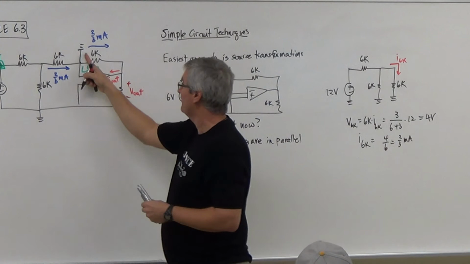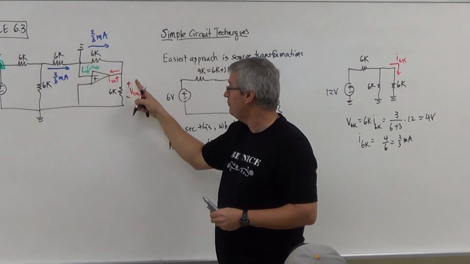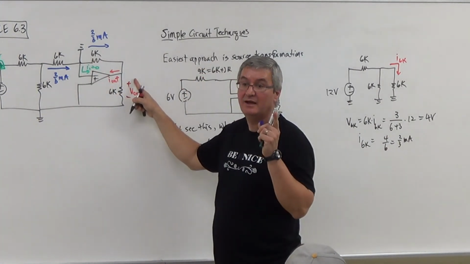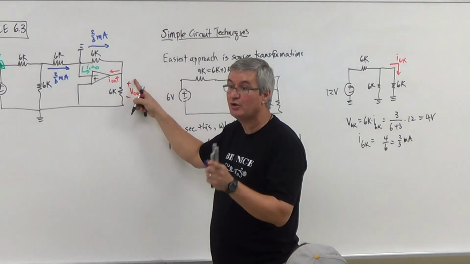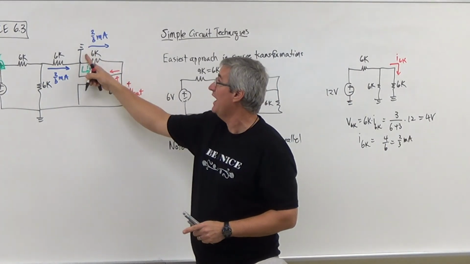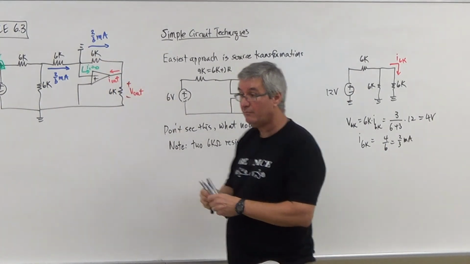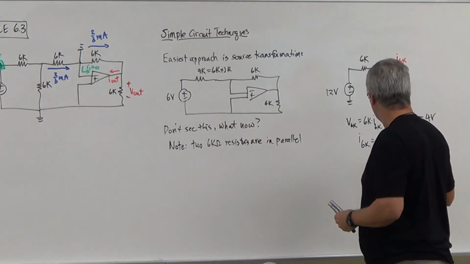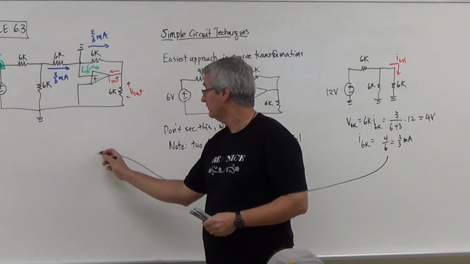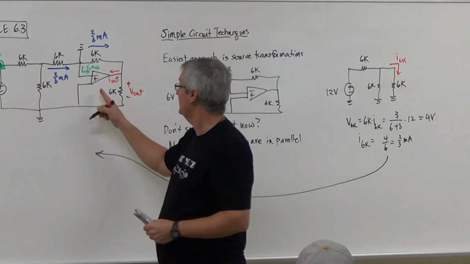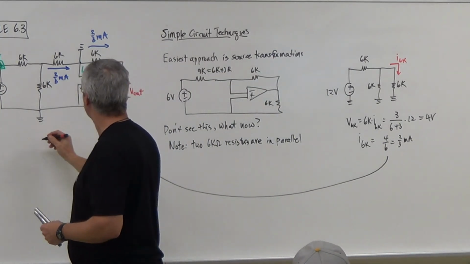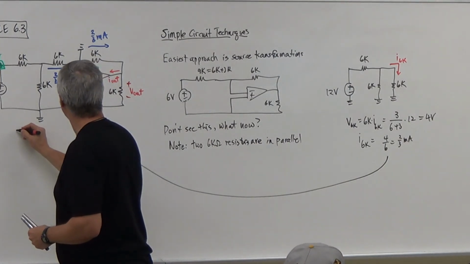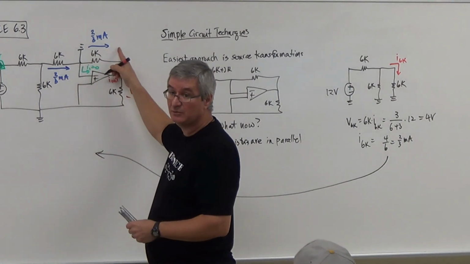So look, if that's ground, then that output voltage better be negative, because current always flows from a high to a low. So then if I come in here and I solve it, so look, I'm going to squeeze it right into here. So now I look at that current here, look at that resistor right there.